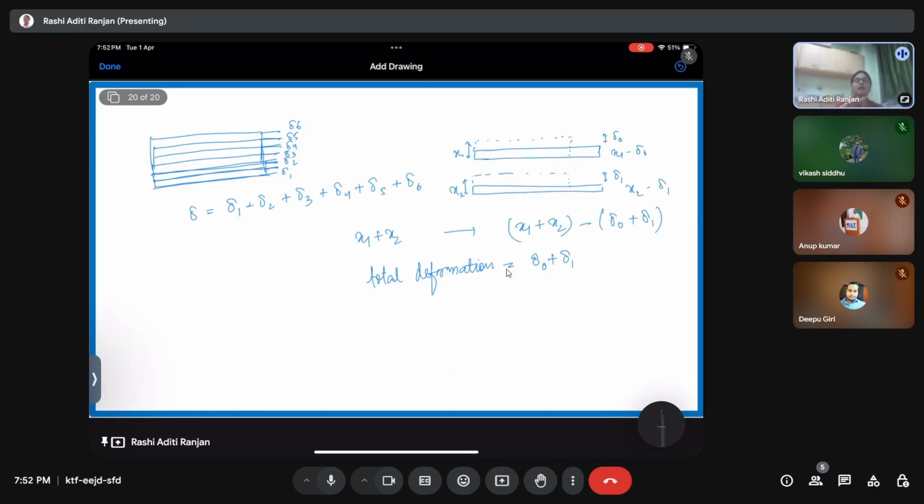Since you can see over here that the deformation is actually adding up. Okay. So for each layer, if I'm getting a small amount of deformation, if I add multiple layers, then I'm going to have multiple times of the deformation. Okay. I hope this is clear.